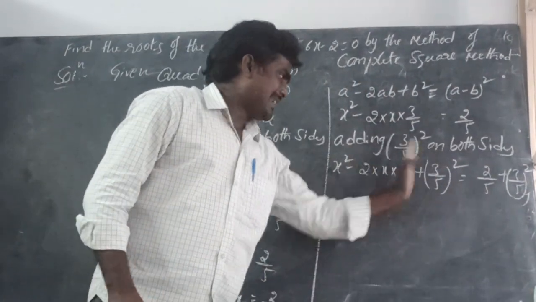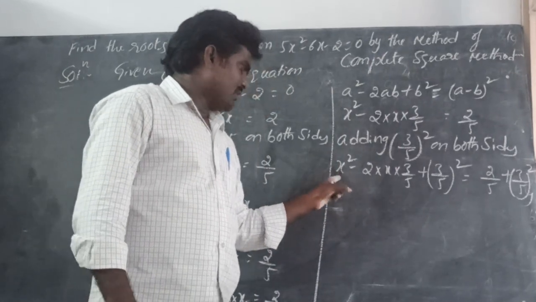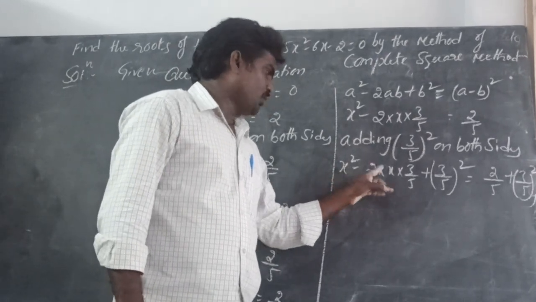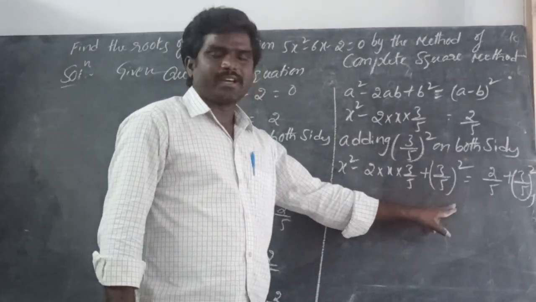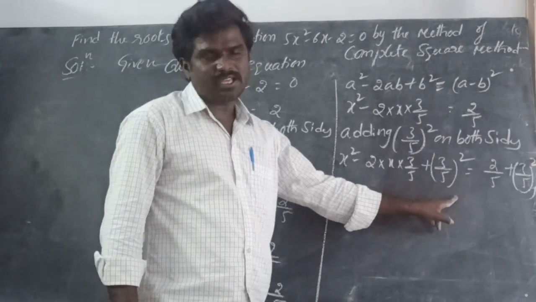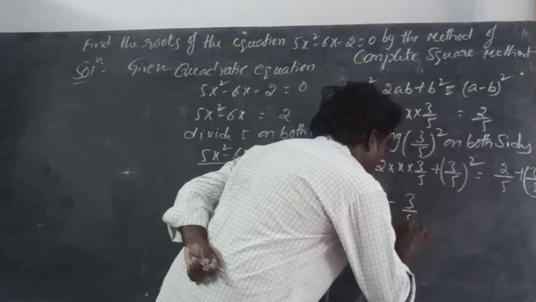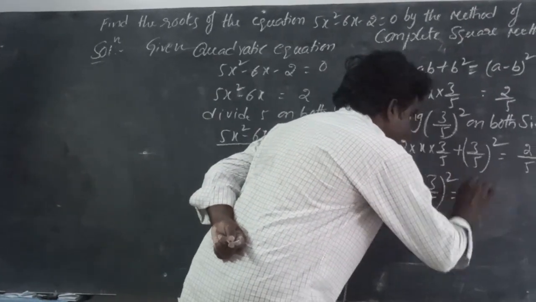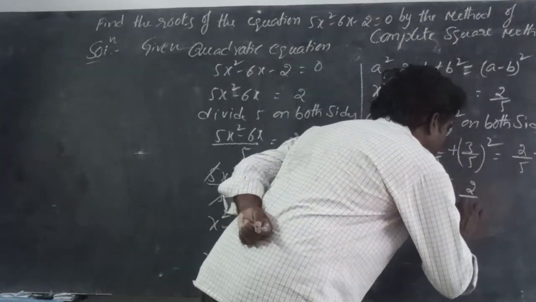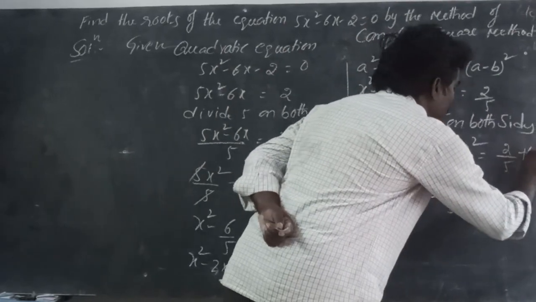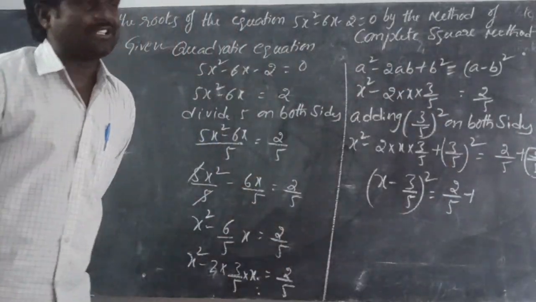Now in LHS, it is in the form of a square minus 2ab plus b square, which is equal to a minus b whole square. So we can write x minus 3 by 5 whole square is equal to 2 by 5 plus 3 by 5 whole square.